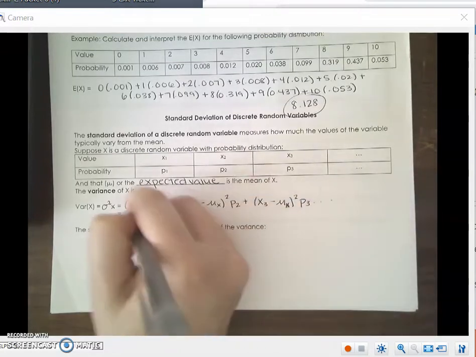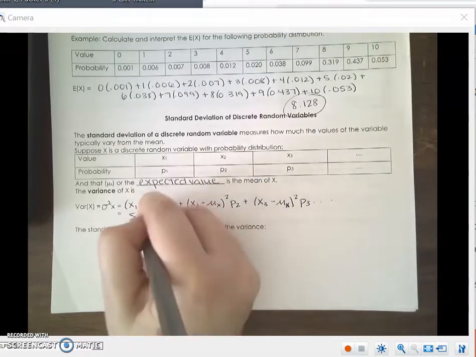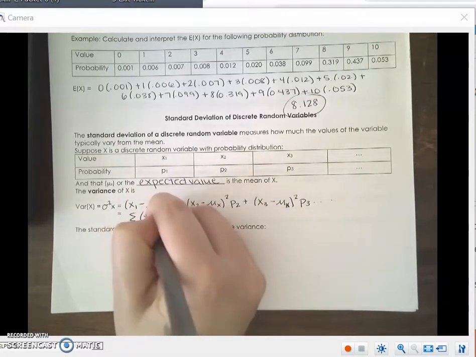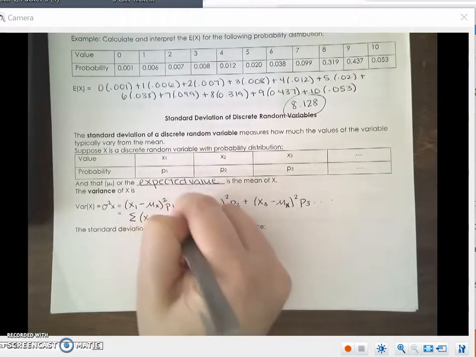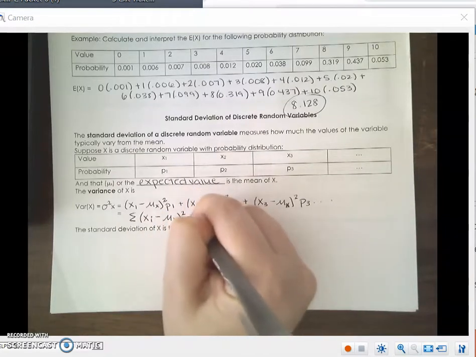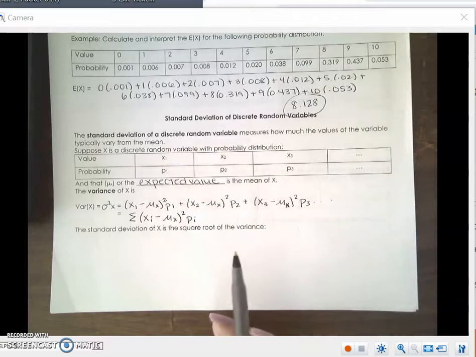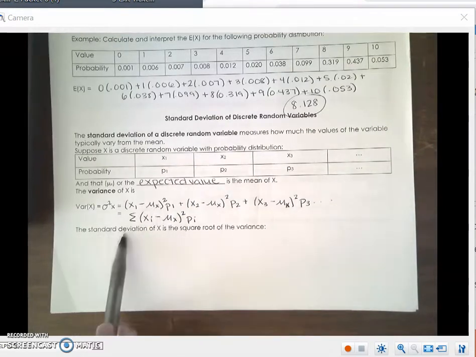To simplify this, we would say the sum, so whenever you see the symbol, that means sum, of any value minus your expected value squared times the probability of that value. Now, I know that's a lot, but hang in there. The standard deviation is the square root of the variance.